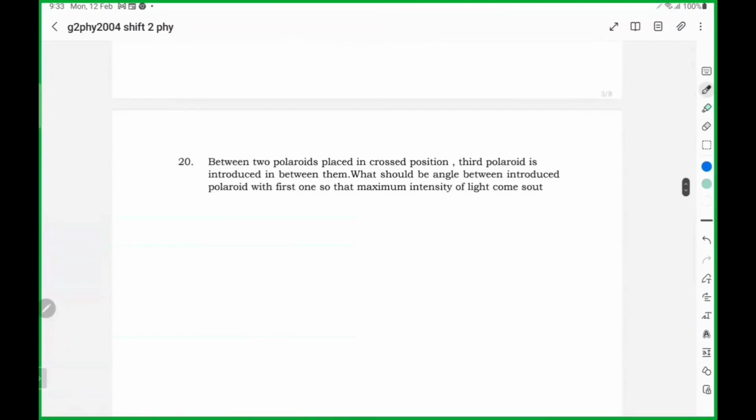Here, between two polaroids placed in a crossed position. The meaning of crossed position is this: one polaroid is placed like this and the other polaroid is placed like this.